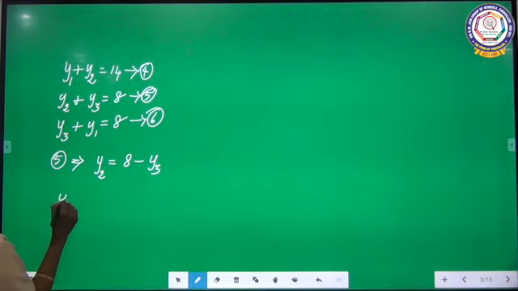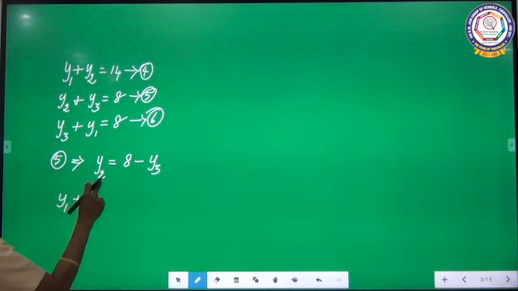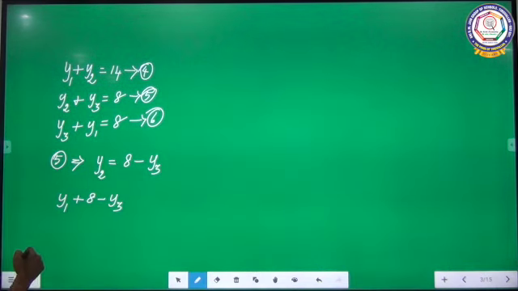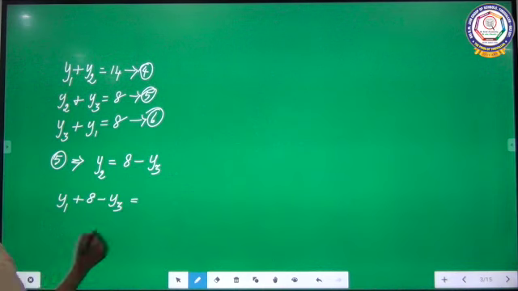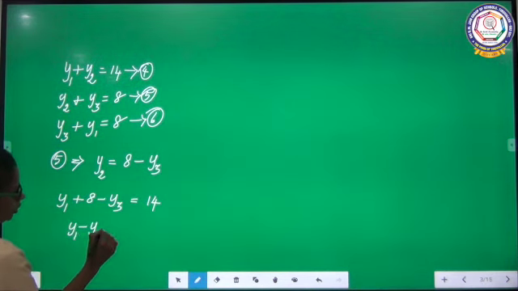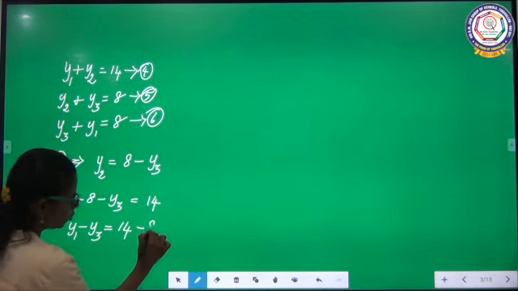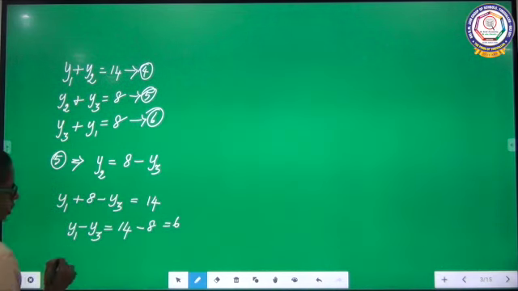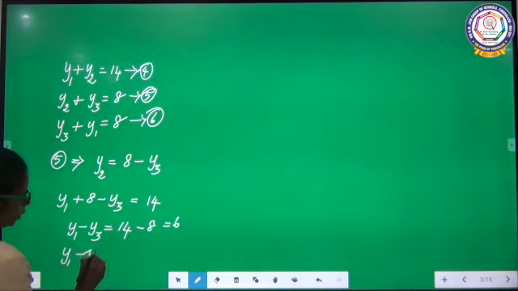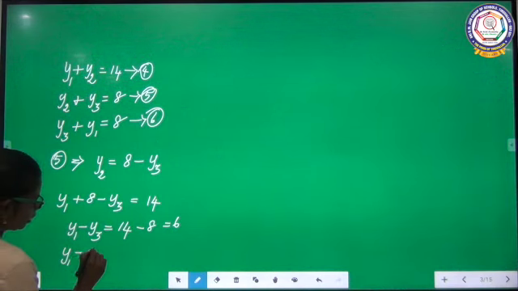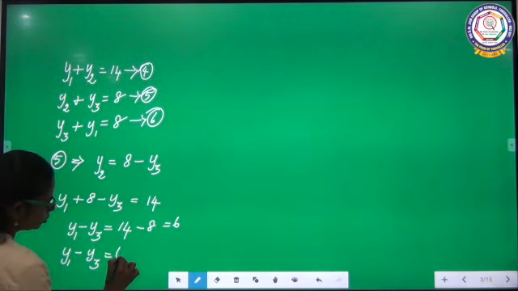Now y1 plus, what is y2? 8 minus y3 equal to 14. y1 minus y3 equal to 14, plus 8 will move to this side, so minus 8, which is equal to 6. y1 minus y3 equal to 6.